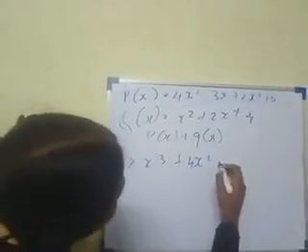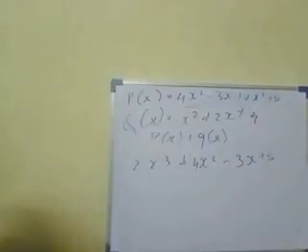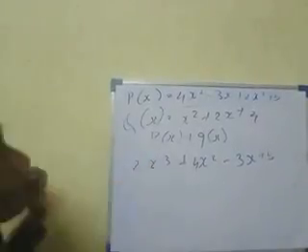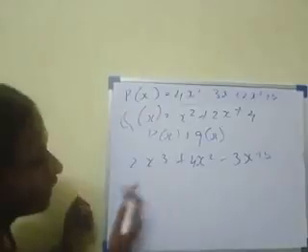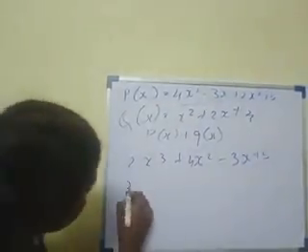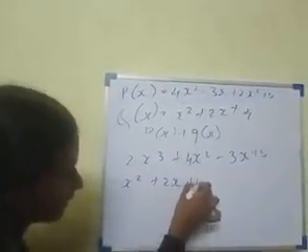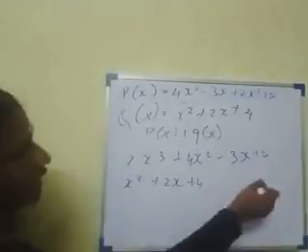Next is - 3x + 5. Like this, we separate this and take it into standard form. Next, q(x) is the same, so it is in standard form already. So it will be like this. Now we want to add this.